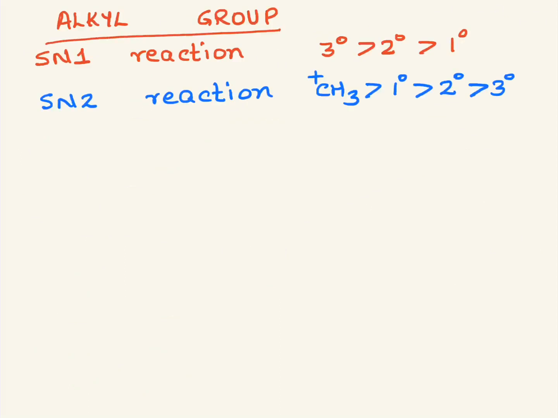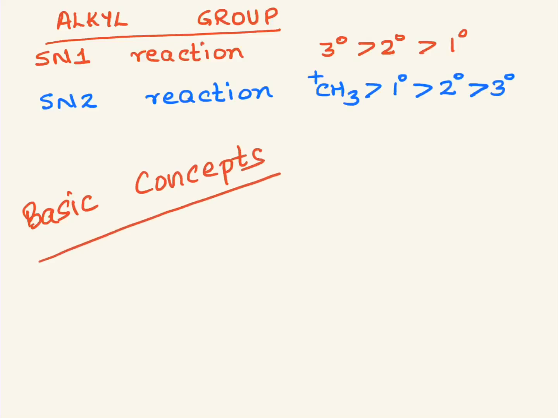Alkyl groups. Now again, there is a separate playlist on the channel where we have spoken about the basic concepts of organic chemistry, and we have dealt with nucleophilic reactions in detail. From that knowledge, you will recall that the reactivity order for SN1 reactions is tertiary, secondary and primary, whereas the reactivity order for SN2 reactions is exactly reversed.